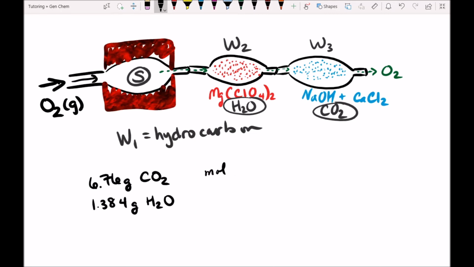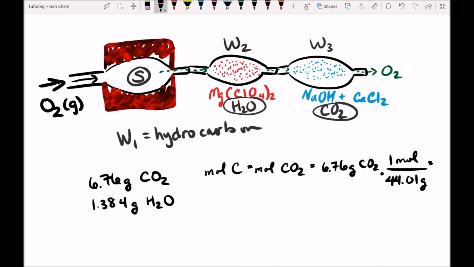So our moles of carbon from our hydrocarbon is equal to the number of moles of CO2 produced in our reaction, because there's 1 mole of carbon in every 1 mole of CO2. And so that's equal to 6.76 grams of CO2. And we convert that to moles using the molar mass of CO2, which is 44.01 grams per mole.